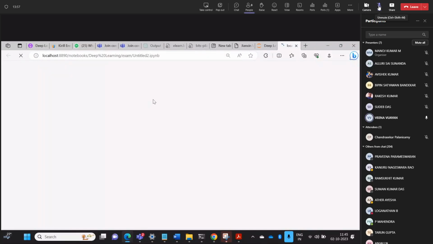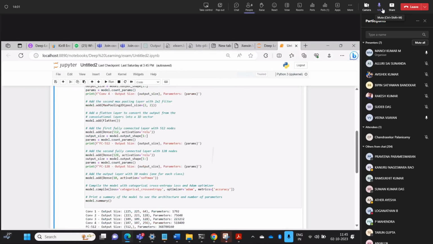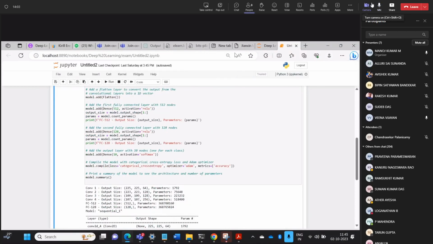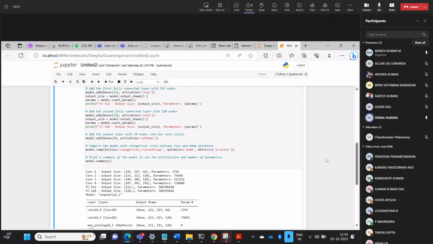Are you able to see this? Yeah. So till here we will be applying the activation functions and all. In the compile step we can apply all these.